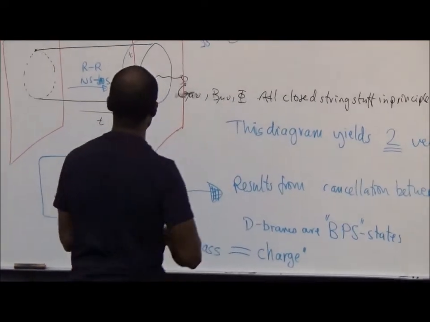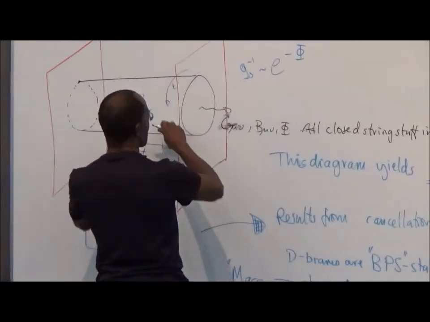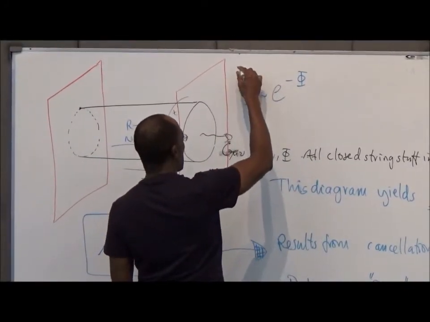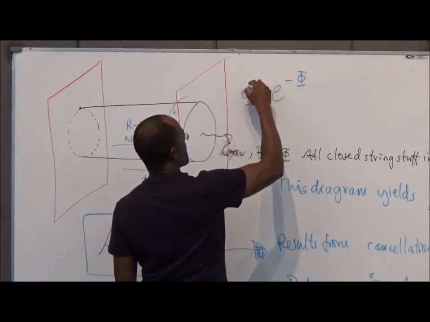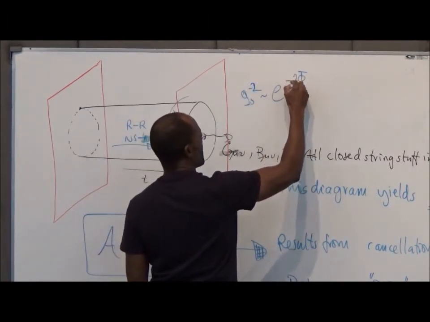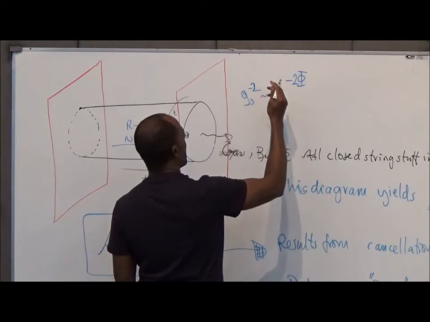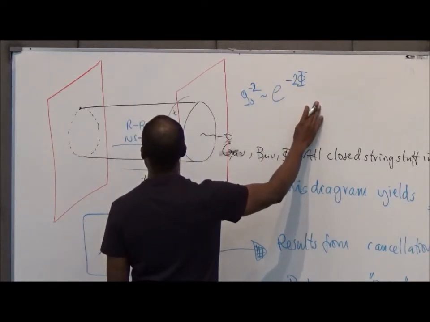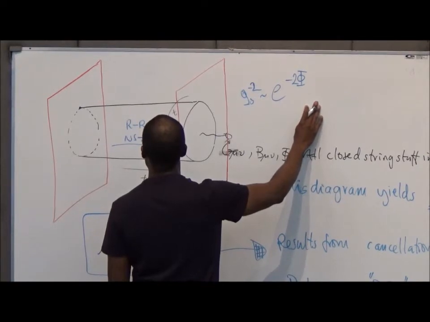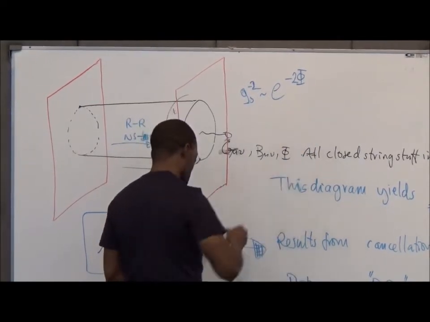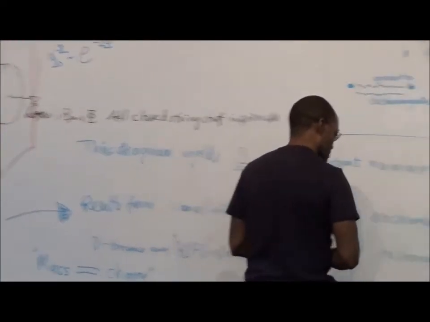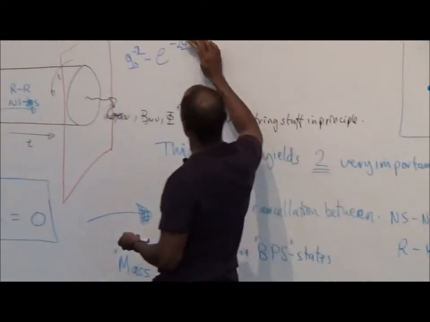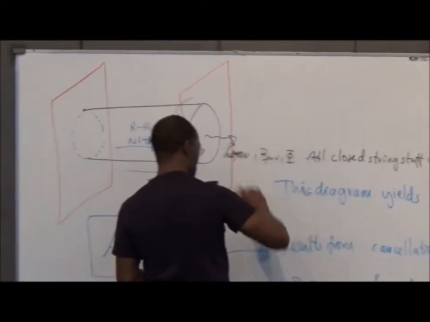What's being pointed out is that this whole diagram is at this order. No, 0, 0. No, you're right. It's the same level as the torus. You're right. Thank you.